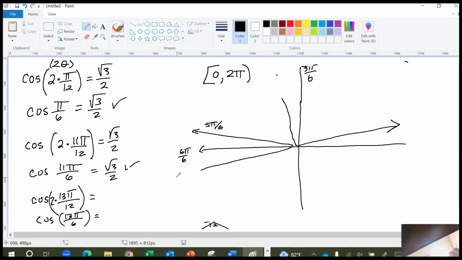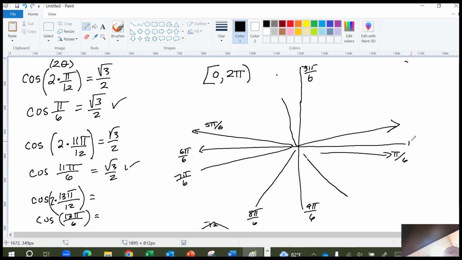And then 7 pi over 6 is right here. And then 8 pi over 6 is here. 9 pi over 6 is here. 10 pi over 6, 11 pi over 6 is here.